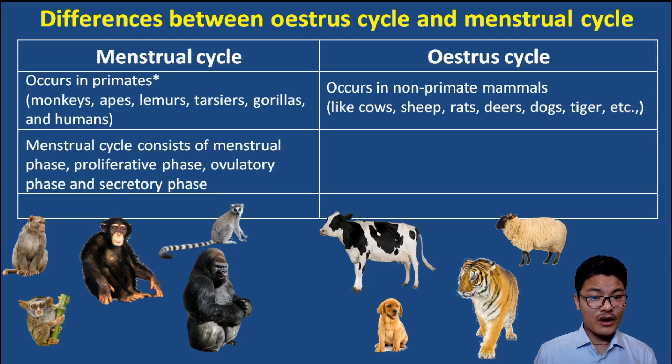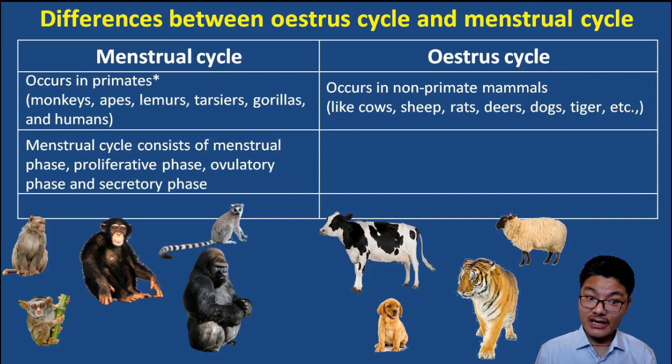During the menstrual cycle, different events occur, which are discussed as the menstrual phase, during which there is a flow of blood through the vagina, that is, the shedding of the endometrial lining, breaking up and coming out.